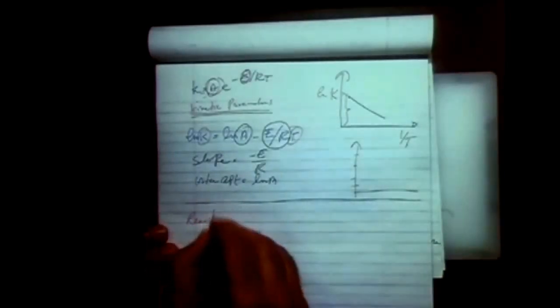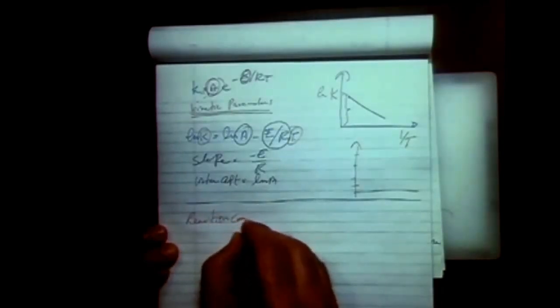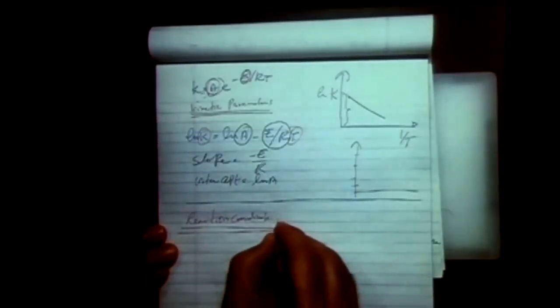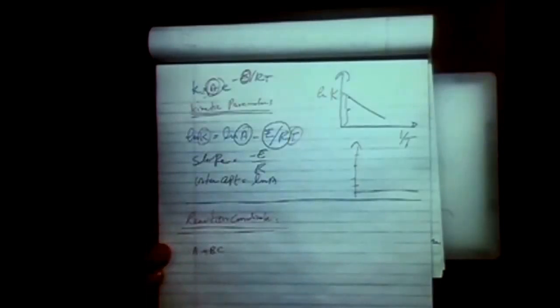We call it the reaction coordinate. What does the reaction coordinate say? If you have A plus BC, whatever that is. In this course, we don't go into the chemistry. We just look at it as A, B, C, D, so we make it simple.